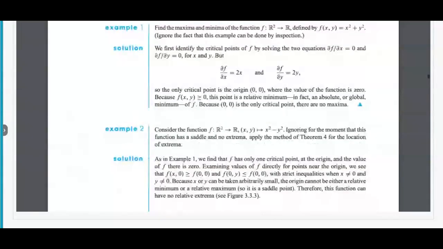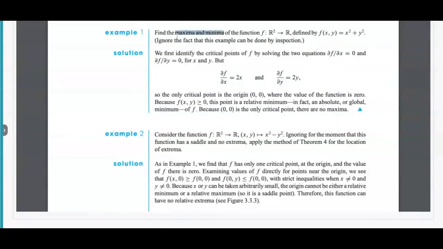Let's see an example. We want to find the local minimum or local maximum of this function defined by x squared plus y squared. All right. So what do we do? We just find the gradient of f. What's the gradient of f? A 1 by 2 matrix, or a row vector with 2 components, right?